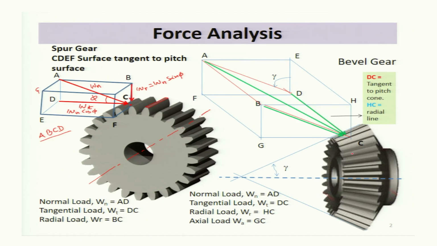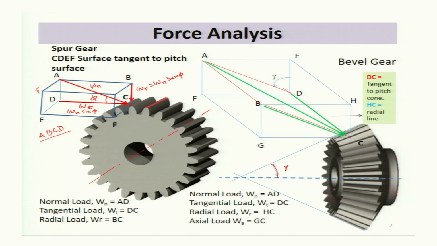When we join the surfaces of all the top lands of a bevel gear, we will have a cone, and that cone will be the face cone. From the pitch lines, the cone which is formed is called the pitch cone, and the angle between the axis of the shaft and the pitch cone is called gamma.